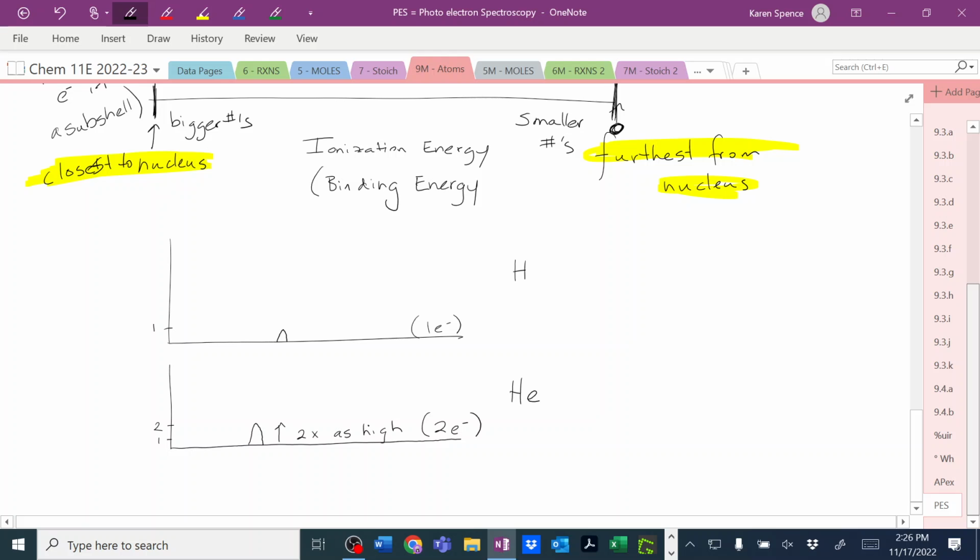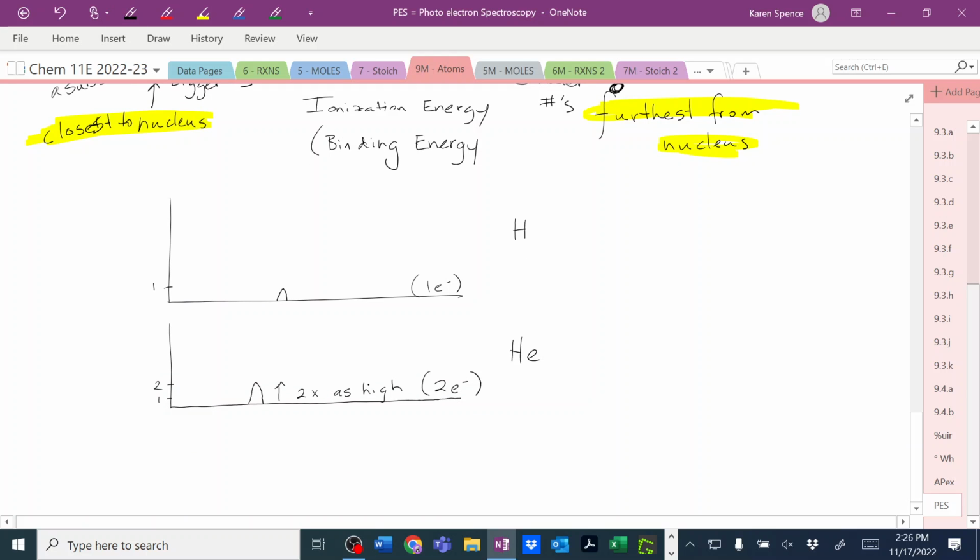Now what else has happened to this peak? It's moved. Where has it moved? It has moved closer to the nucleus.